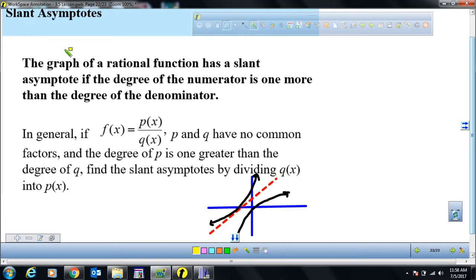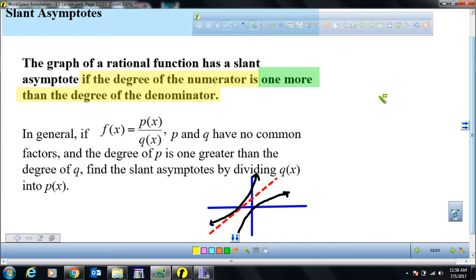This is the definition. The slant asymptote happens if the degree of the numerator is, and this is the main idea, the degree of the numerator is 1 more than the degree of the denominator. So, for example, if the degree of the numerator is x cubed, the denominator is x squared. Or the degree of the numerator is x squared, the degree of the denominator is x.